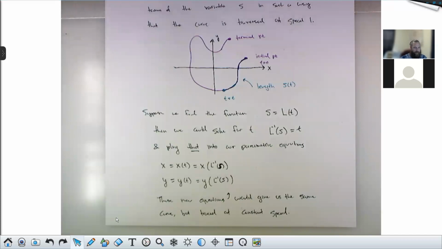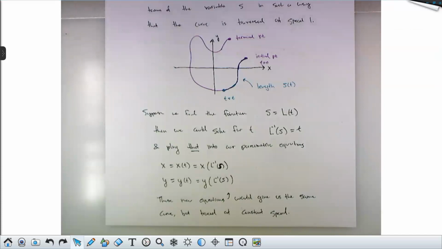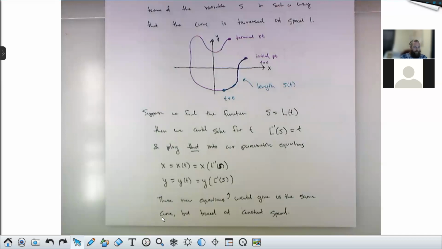Okay. What I want to do now is just practice some surface area calculations. I'll remind you the formula we got for surface area last time, where it came from, and we'll look at a variation on that formula, and then we'll do some calculations with both. Here we go.